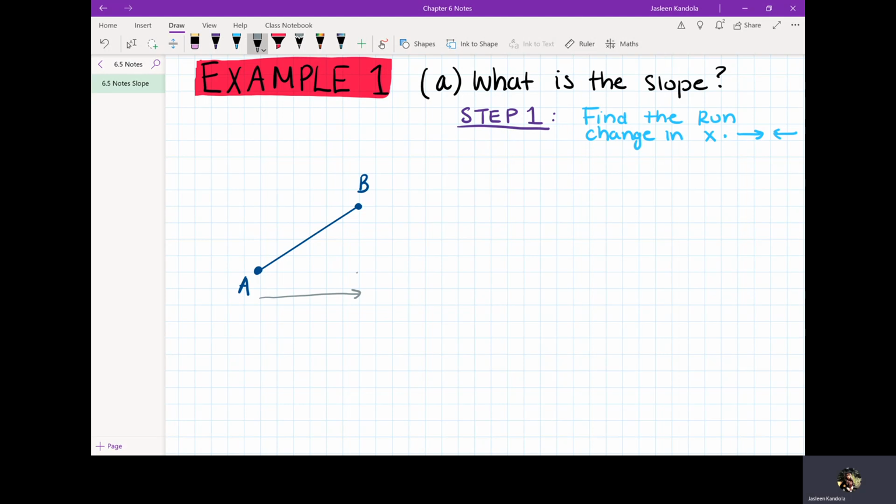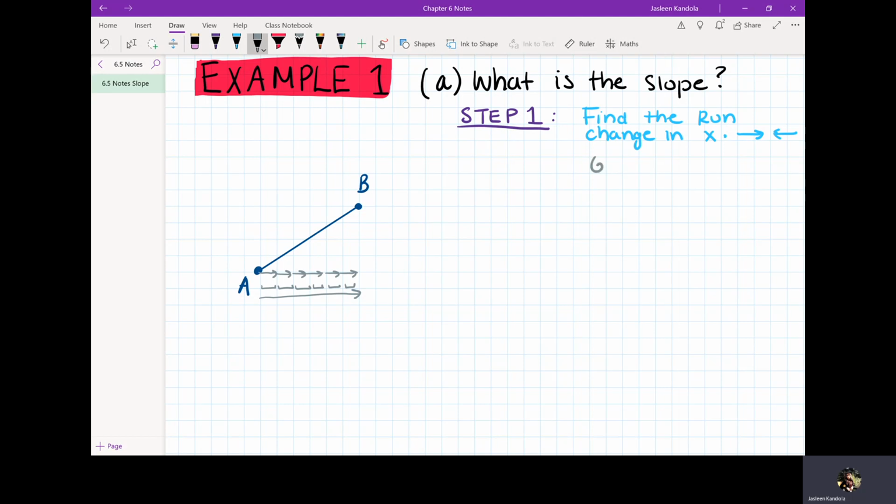So let's see how many points I moved to that side. I went 1, 2, 3, 4, 5, 6. Each grid counts as 1. So that means I moved 6 units to the right.